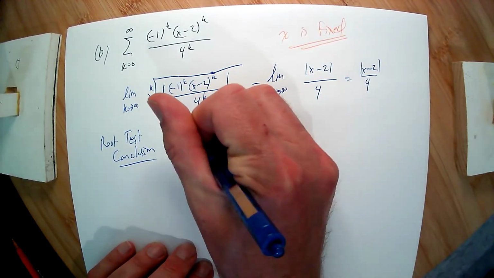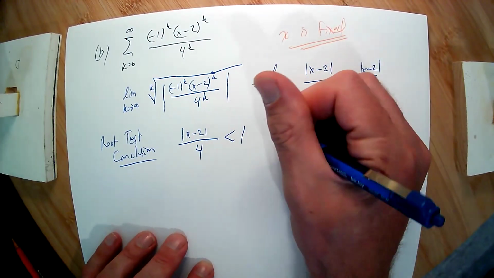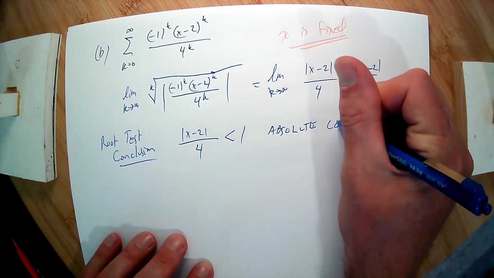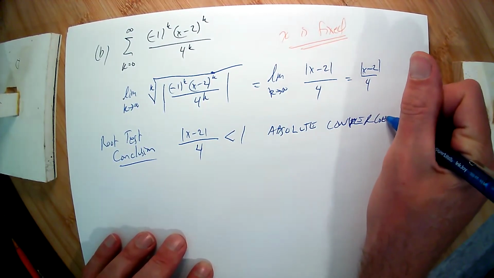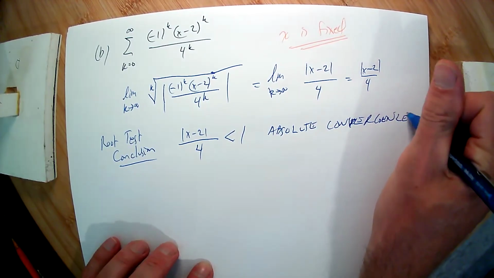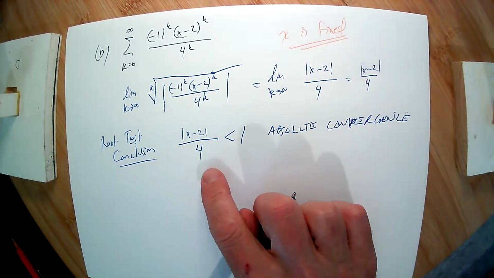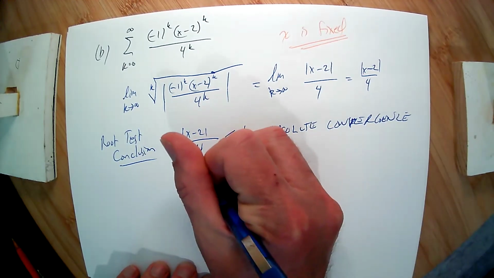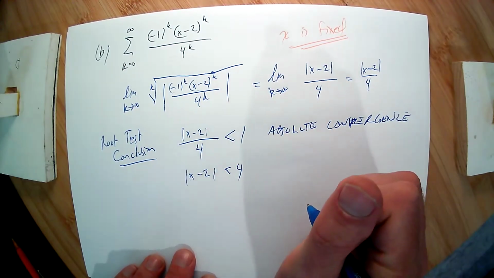So whenever |x - 2| over 4 is less than 1, you get absolute convergence. When it's greater than 1, you'd get divergence, right? So if I multiply both sides by 4 here, you get |x - 2| < 4, okay?